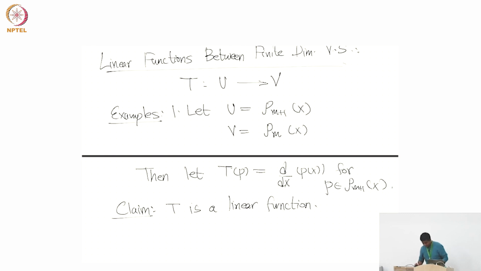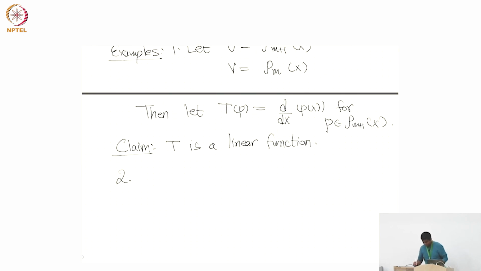By the same understanding, we can let U equal P_m(x), V equal P_{m+1}(x), and the function T of p is the indefinite integral, let's say with the constant set to 0, or it can have any constant, it doesn't matter.